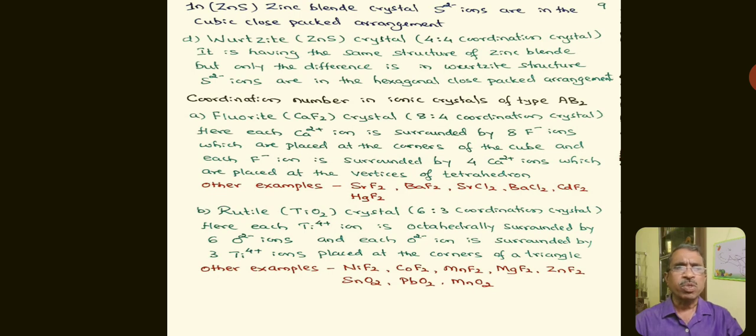Other examples of this category are nickel fluoride, cobalt fluoride, manganese fluoride, magnesium fluoride, zinc fluoride, stannic oxide, lead dioxide, manganese dioxide, and so on.